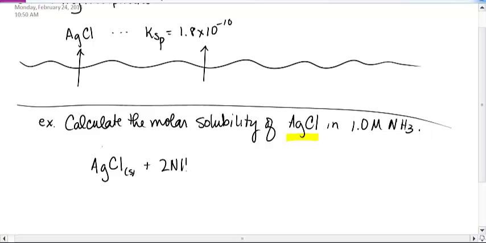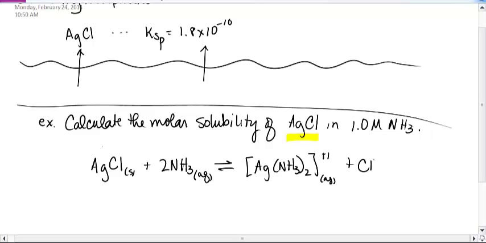Silver chloride reacts with ammonia to produce a complex ion in a Lewis acid-base way. Here, these ammonias come in as a ligand onto the silver. We get chloride ion. And some pieces of information that are helpful now, in your book, you'll have to look these up out of the table.